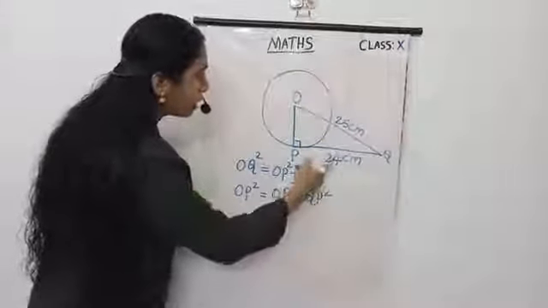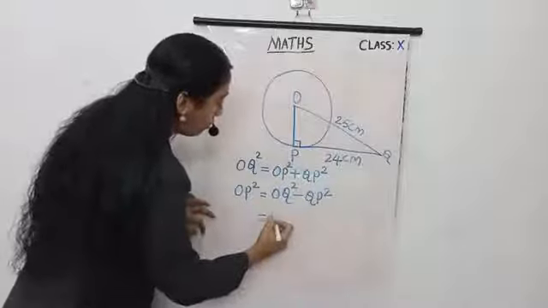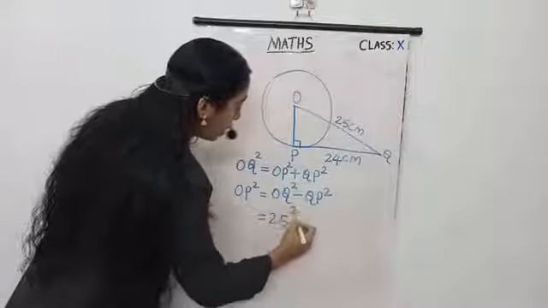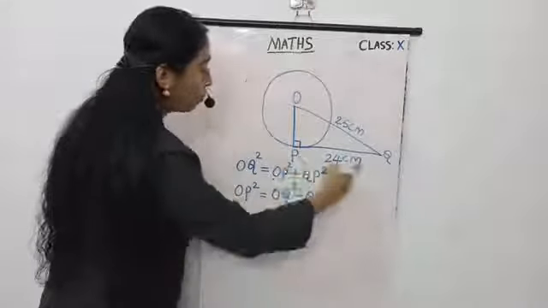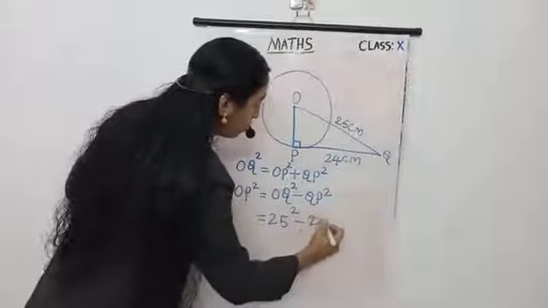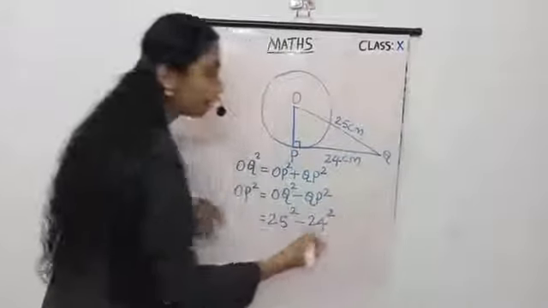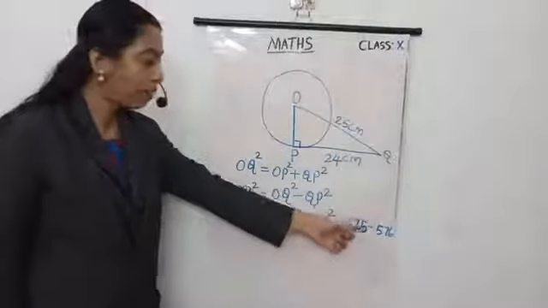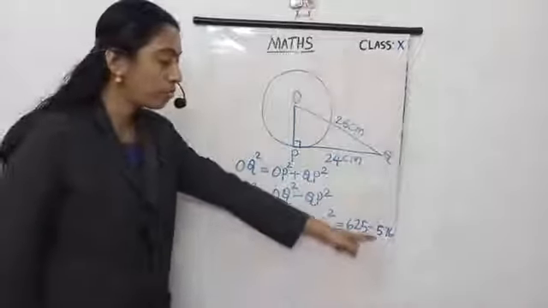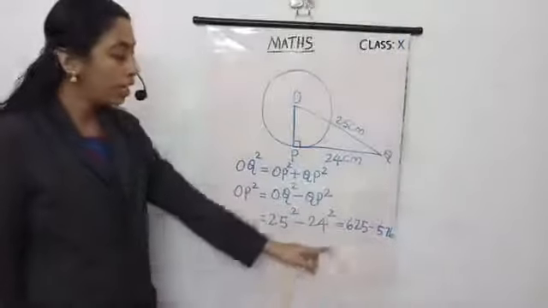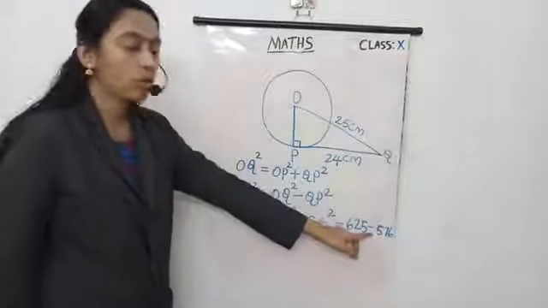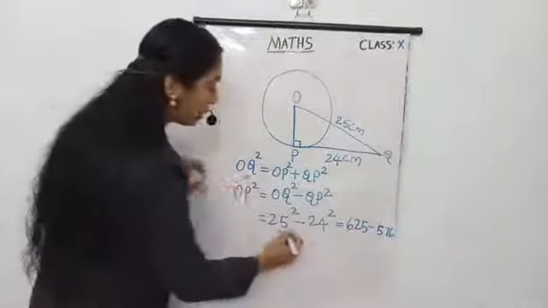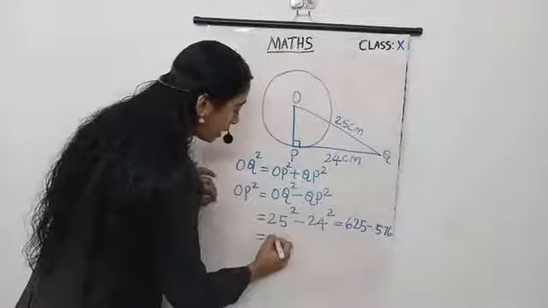OP square is equal to 25 square minus 24 square. So 25 square is 625 minus 24 square 576. Now subtract 625 minus 576, we get 49.